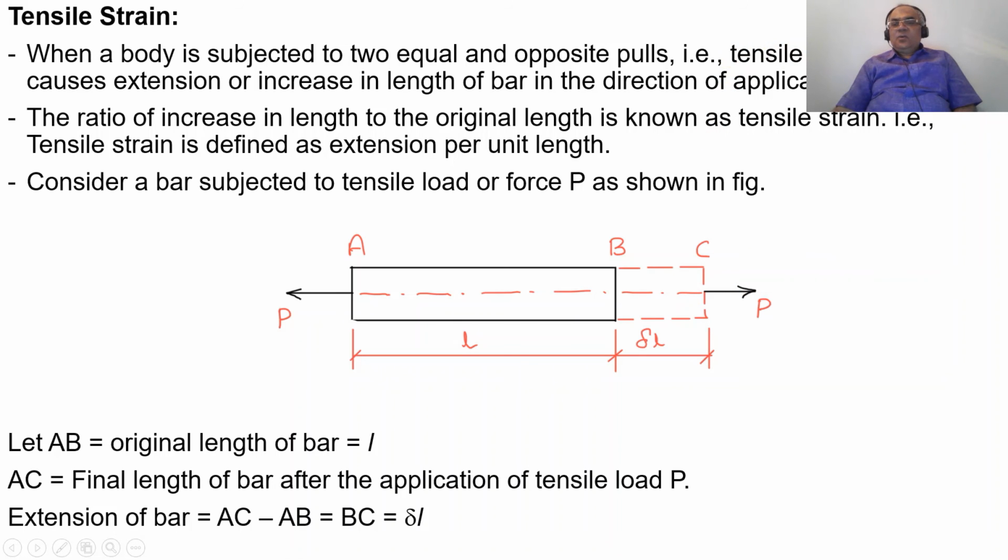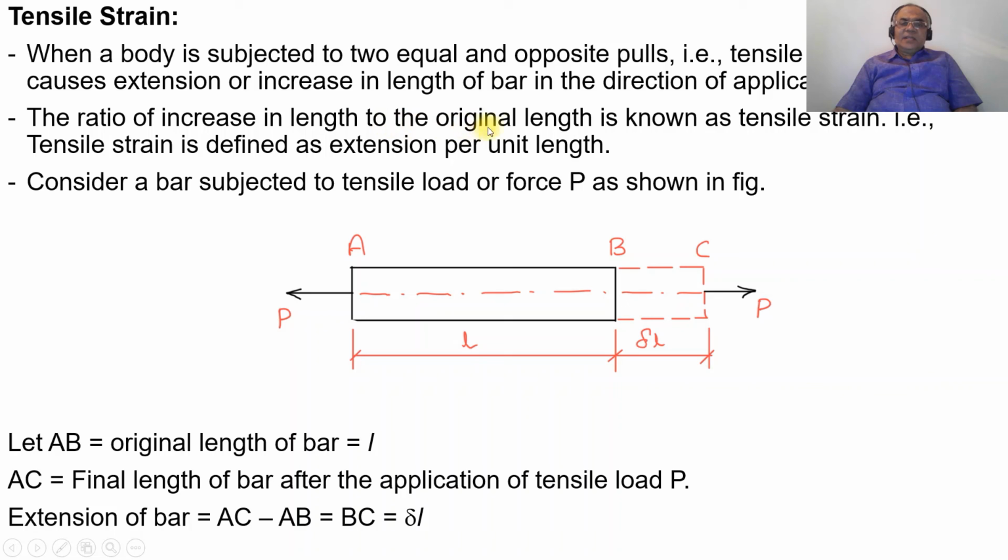That is the tensile load or force. It causes extension, that is, an increase in the length of the bar in the direction of the applied load. The direction we are applying from left to right, the extension will also be from left to right.